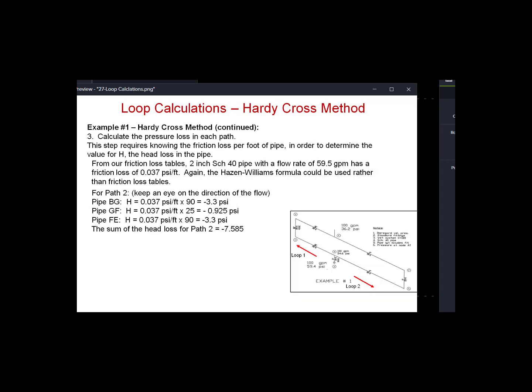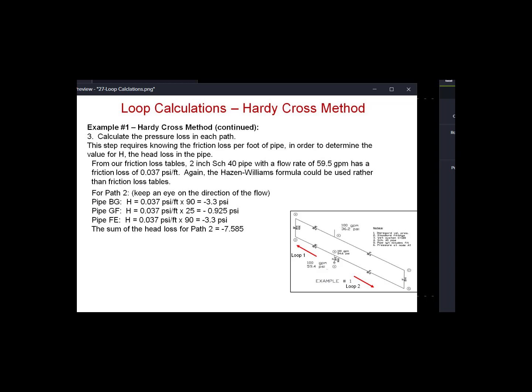Step 9, calculate the pressure loss in each path. This step requires knowing the friction loss per foot of pipe in order to determine the value for H, head loss in the pipe, or psi loss in the pipe. From our friction loss tables, 2-inch Schedule 40 pipe with a flow of 59.5 GPM has a friction loss of 0.037 psi per foot. For path 2, keep an eye on the direction of the flow. Pipe BG is equal to 90 feet times 0.037.